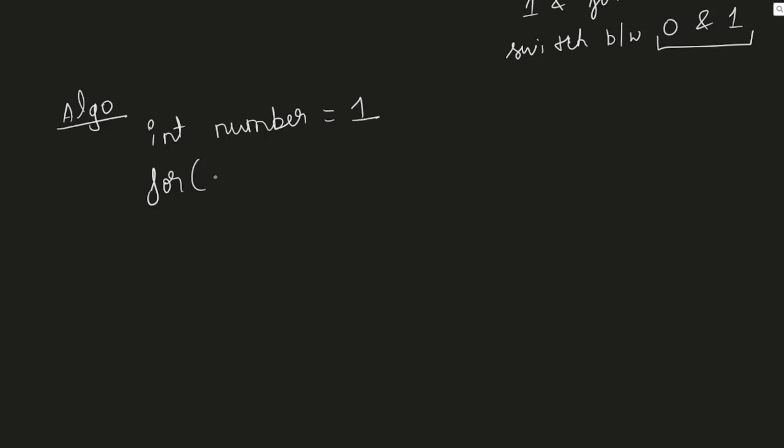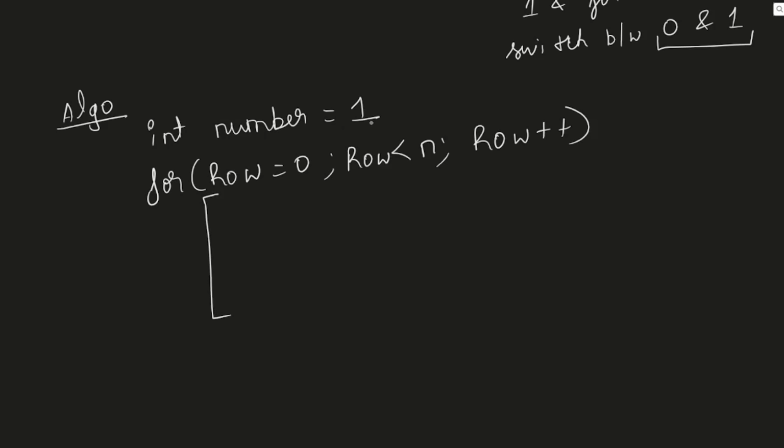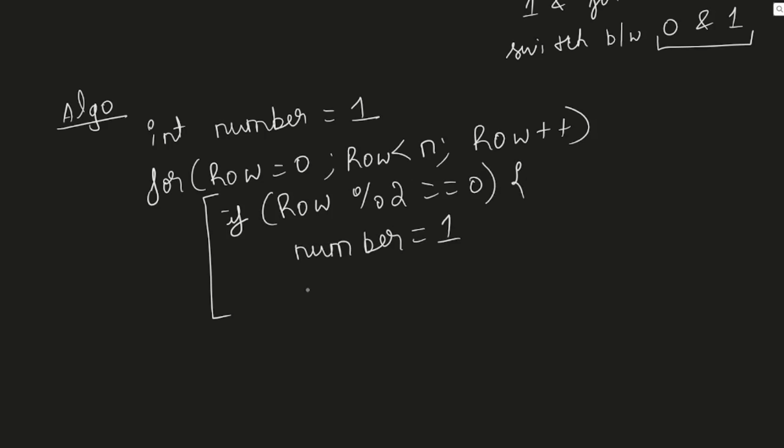We will start a row loop, starts from 0, goes till n, row plus plus. This is where we need to change the number. If row is even, update the number to 1.